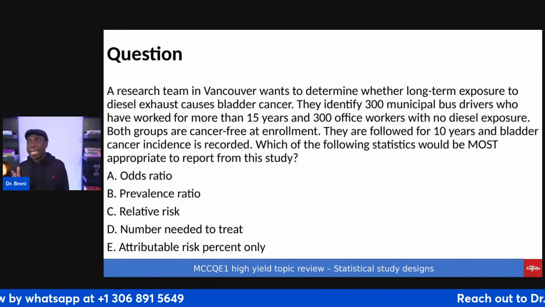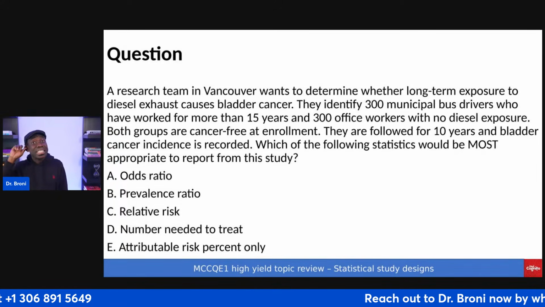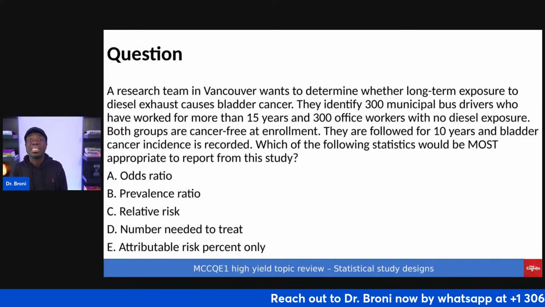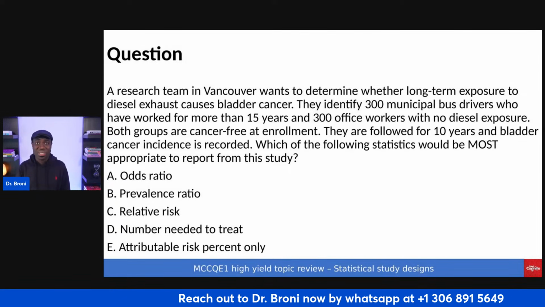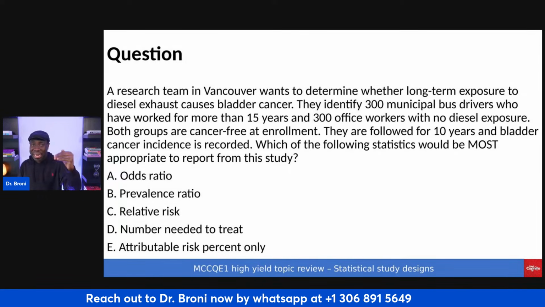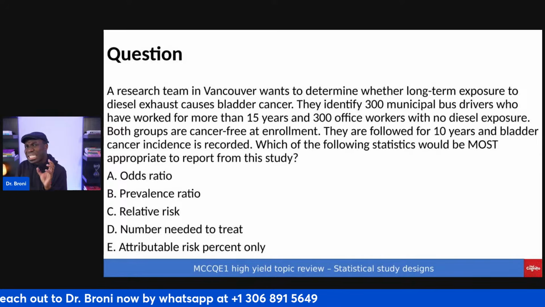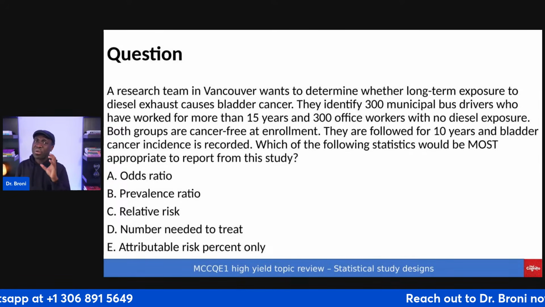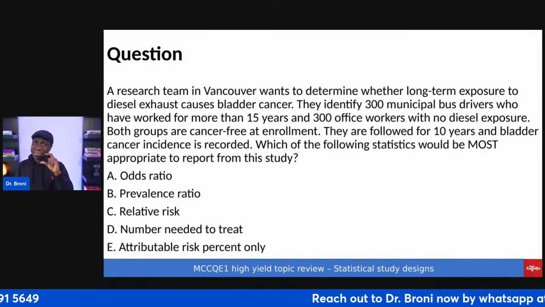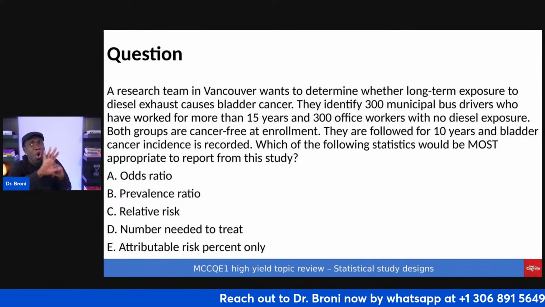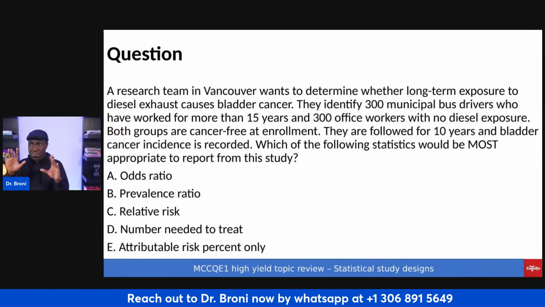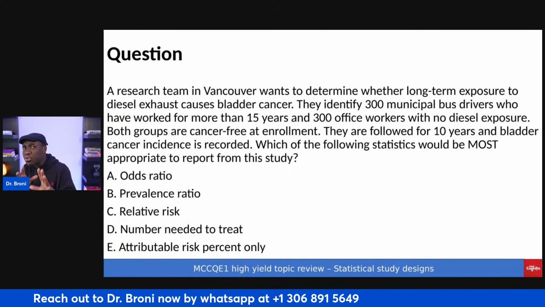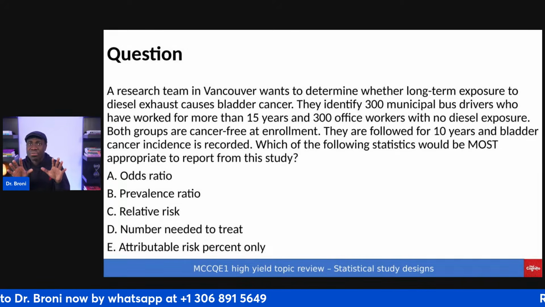Let me read the question again. A research team in Vancouver wants to determine whether long-term exposure to diesel exhaust causes bladder cancer. They identified 300 municipal bus drivers who have worked for more than 15 years and 300 office workers with no diesel exposure. Both groups are cancer-free at enrollment.